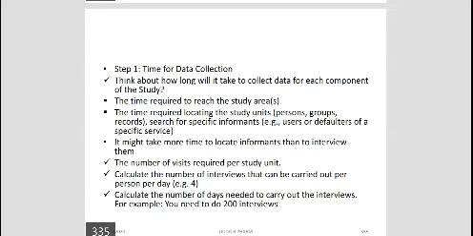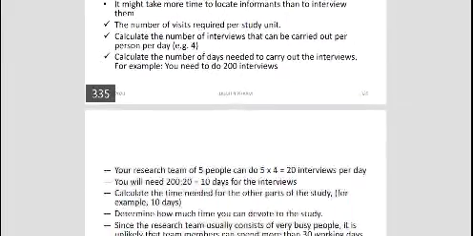Calculate the number of interviews that can be carried out per person per day. Calculate the number of days needed to carry out the interviews. For example, you need to do 200 interviews. Say your research team of 5 people can do 5 times 4, 20 interviews per day, which means every research team member will take 4 interviews per day.